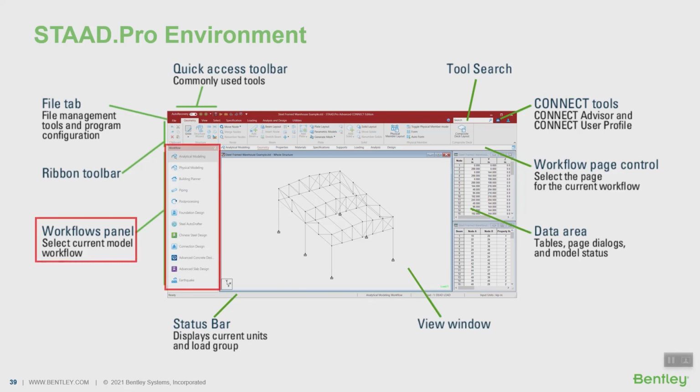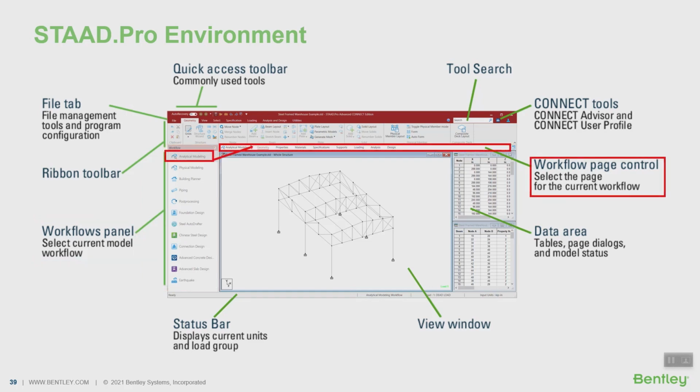The workflow panel in STAAD.Pro groups all the common tasks associated with a major stage of your structural project. Within each workflow of the workflow panel, there are a series of pages available which lay out the order of that workflow. Though it is not required, it is recommended to work from left to right along the pages within any workflow.